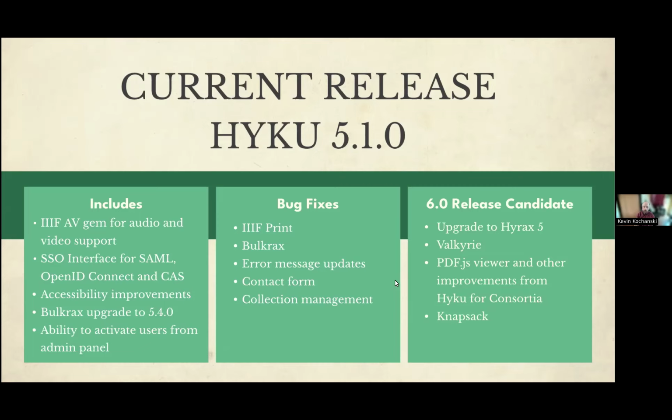This would bring the Valkyrie work into Hyku and brings in the PDF.js viewer and some other improvements from Hyku for Consortia. PDF.js viewer is an optional selection for PDF viewing instead of the Universal Viewer. It's just faster processing, faster ingest. And Knapsack.